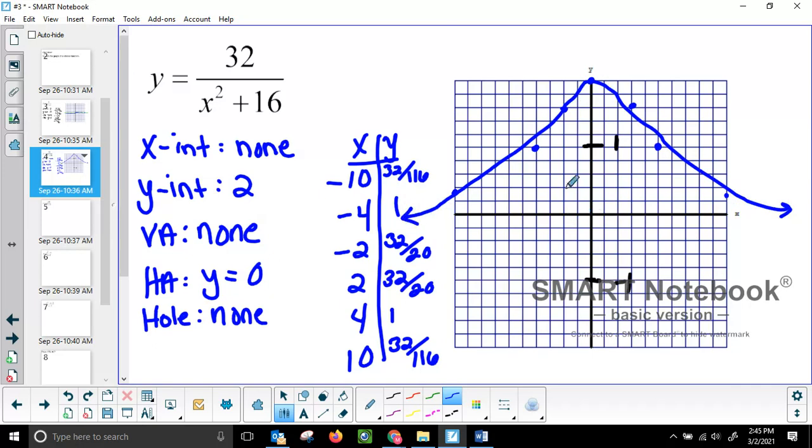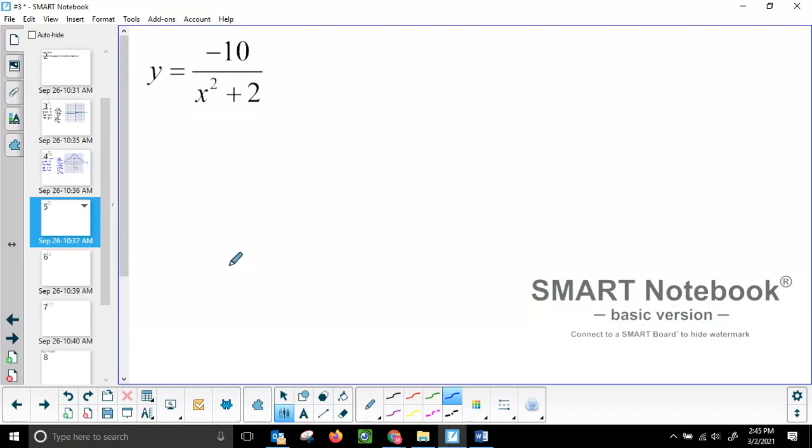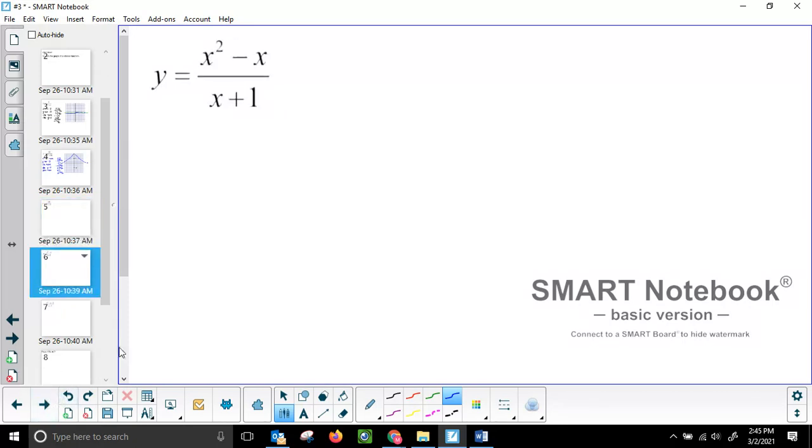Again, nothing terribly interesting. This is just going to be another one, except because of the negative, it's going to be flipped, so it's going to be like an upside down hill. I don't feel the need to have to go over that. Alright, so now we'll move on to this one here.